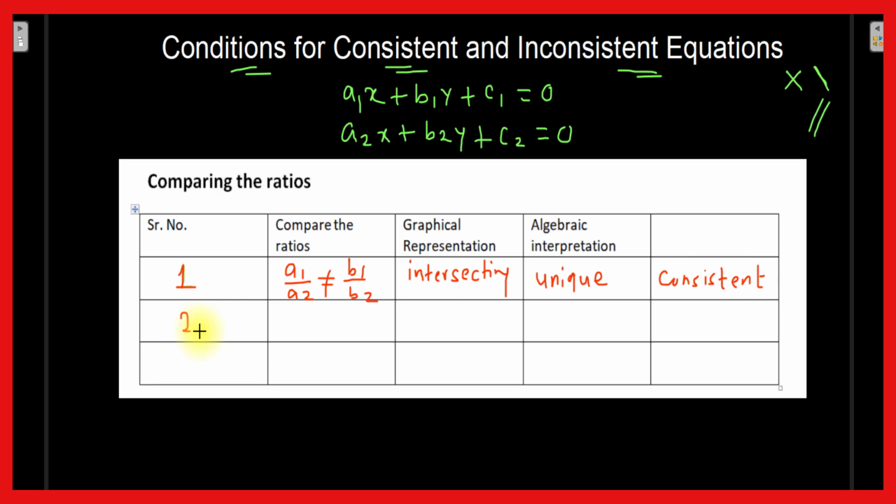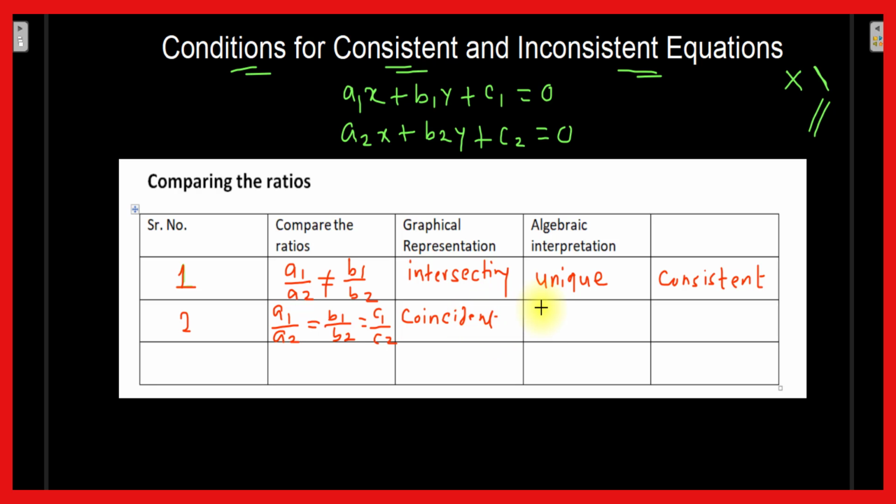Now see the second condition. What is the second condition? If a1 upon a2 is equal to b1 upon b2 is equal to c1 upon c2. If all these three ratios are equal, meaning the ratio of the coefficients of x, the ratio of the coefficients of y, and the ratio of the constant terms, then the lines will be coincident lines.